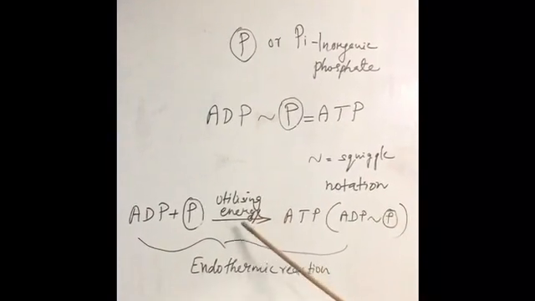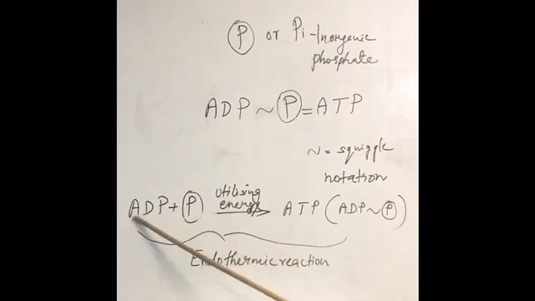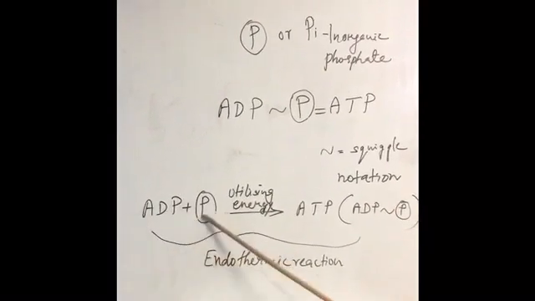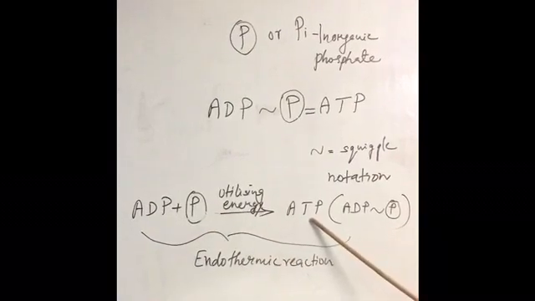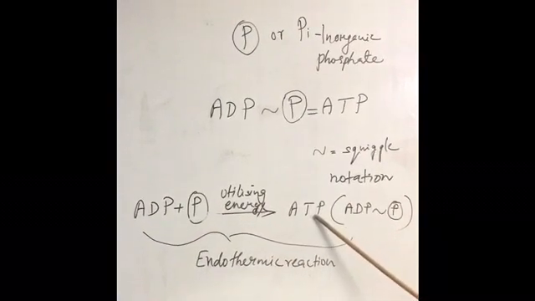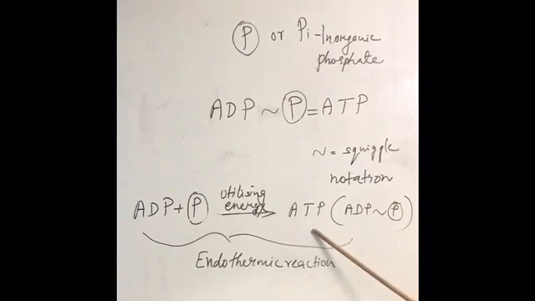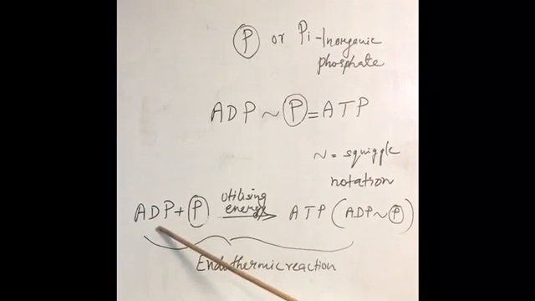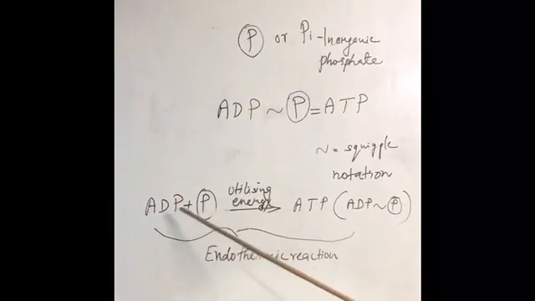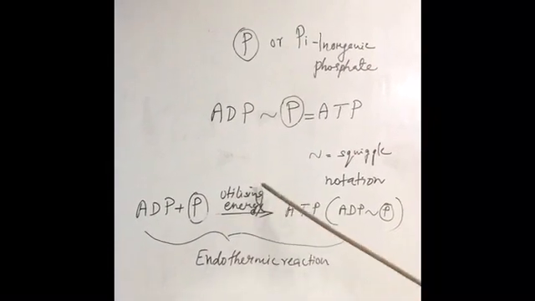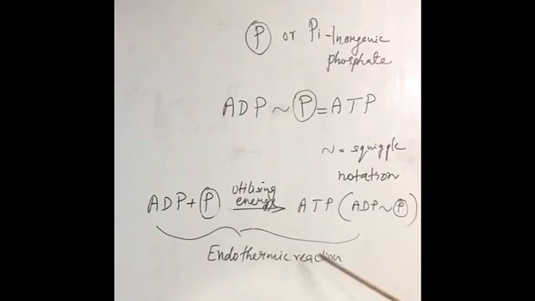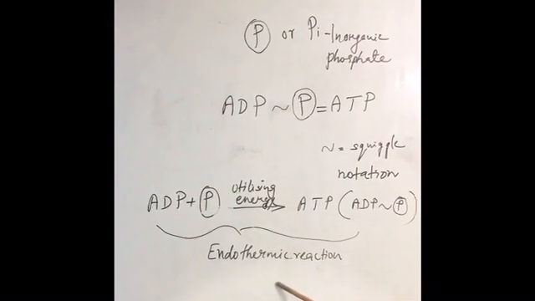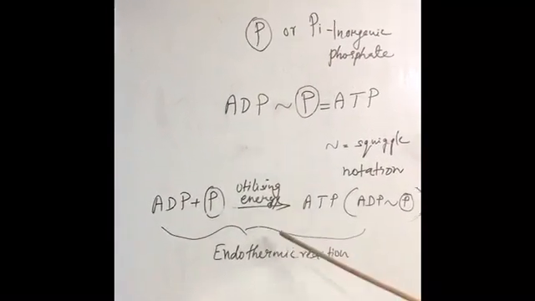That energy is utilized for this reaction. ADP combines with one more phosphate and forms ATP, adenosine triphosphate, with 3 phosphate molecules here, whereas in ADP there are 2 phosphate molecules. That is why this reaction is an endothermic reaction. Energy is utilized here. This energy comes from cellular respiration.